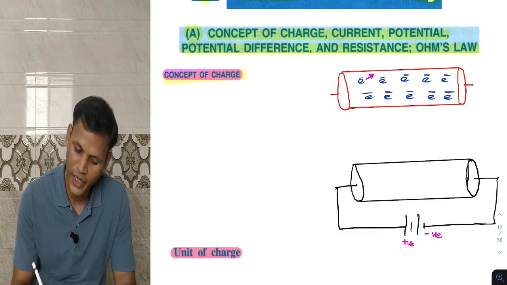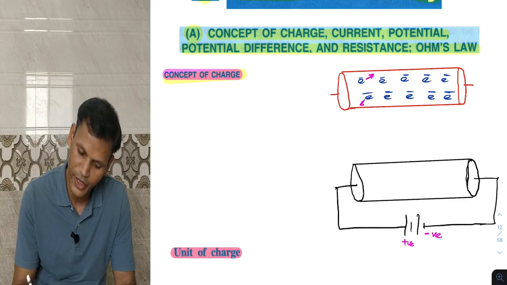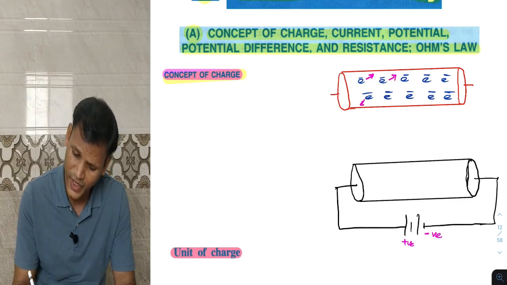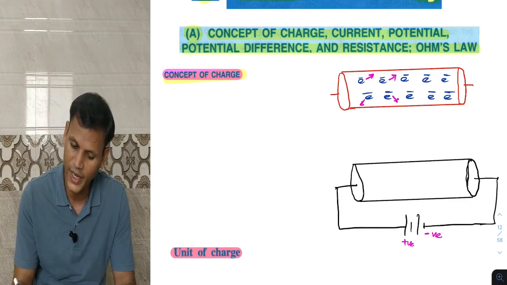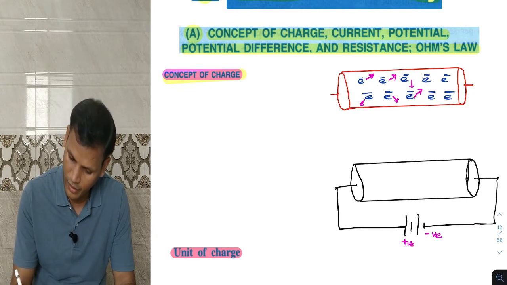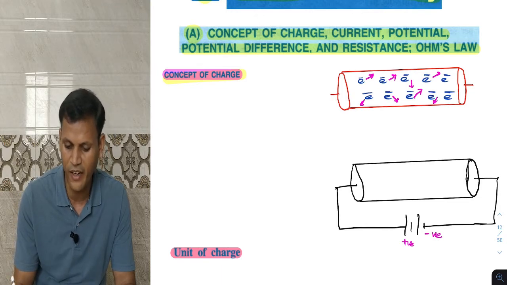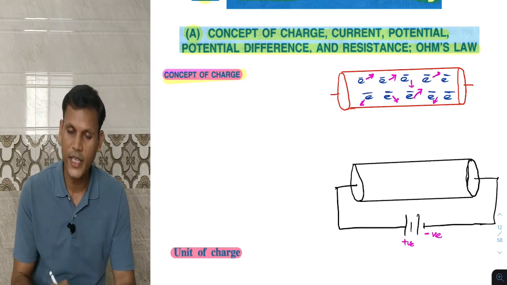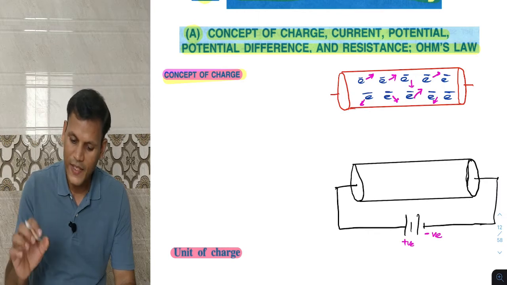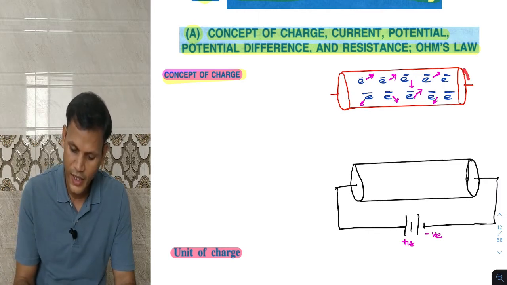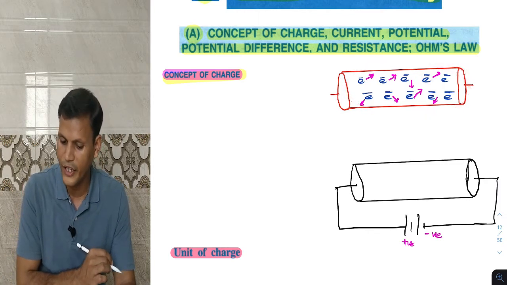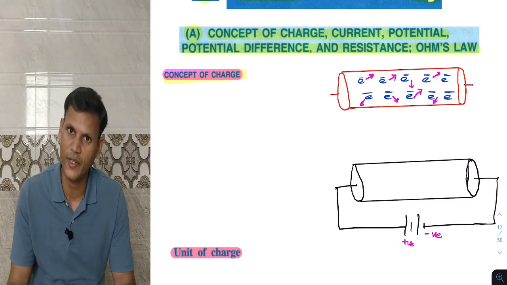This electron may drift in this direction, this one in that direction. The direction of electrons is not specific. This is the first condition: inside any conductor, this kind of arrangement of electrons takes place.